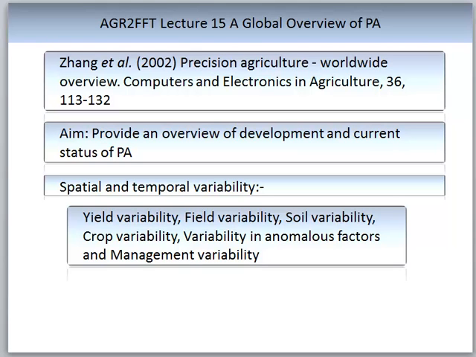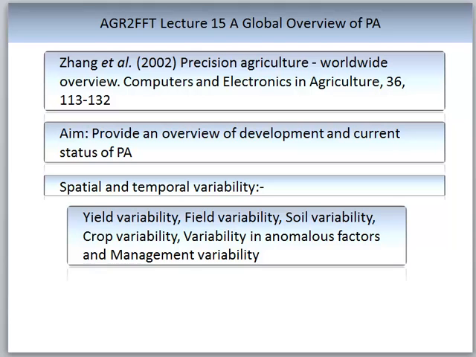This was published in the journal Computers and Electronics in Agriculture. The aim of this article was to provide an overview of both the development of PA and the current status of precision agriculture globally. One of the components that it started with was a look at both the spatial and temporal variability.